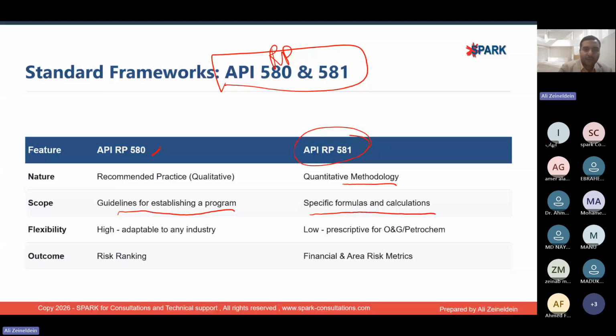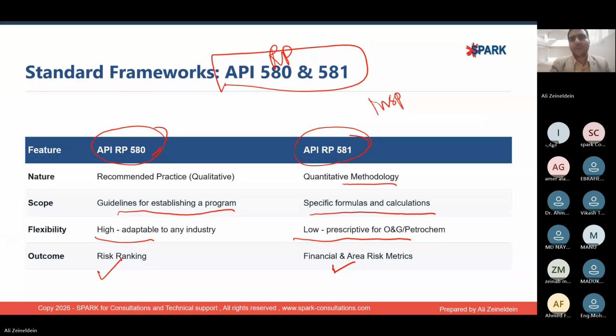Outcome from API 580 is risk ranking, but here it is financial and area risk metrics. So this is the main difference between API recommended practice 580 and API 581, but both work together to manage the risk and to establish or generate the inspection plan.